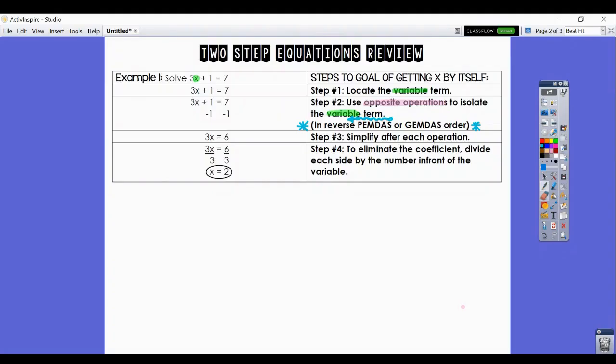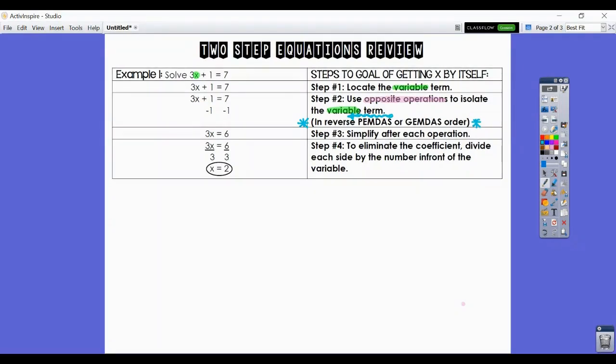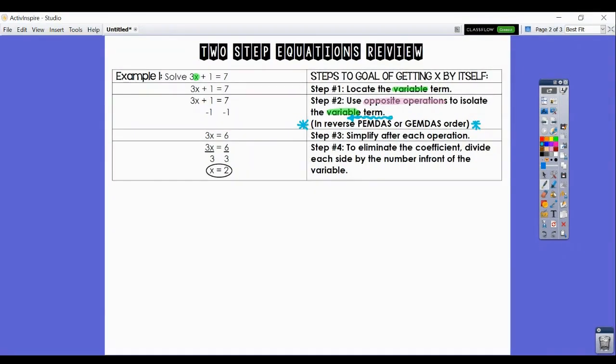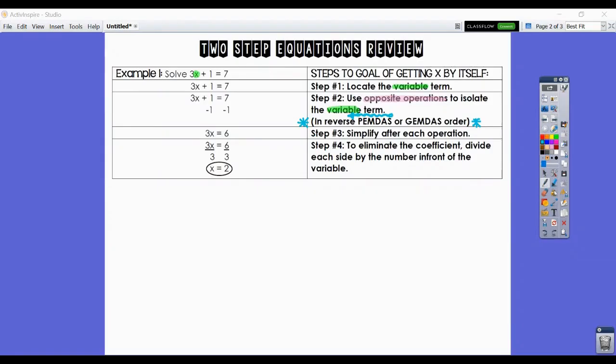So let's go ahead and do that. Here we have 3 times x plus 1 equals 7. Since I want to go in reverse PEMDAS order, I'm going to move over this plus 1, this addition of adding 1 to my 3 times the variable.